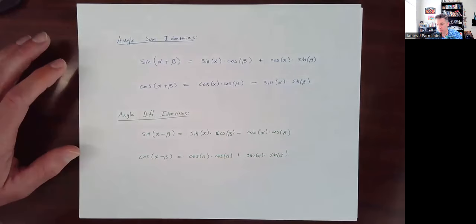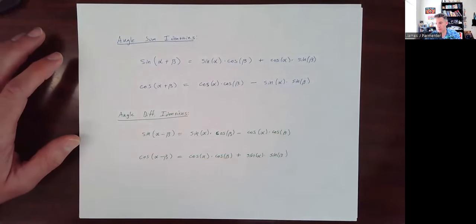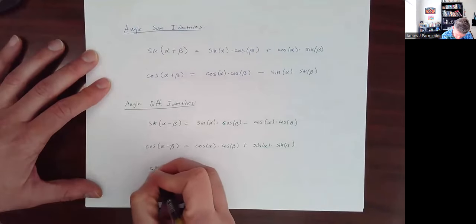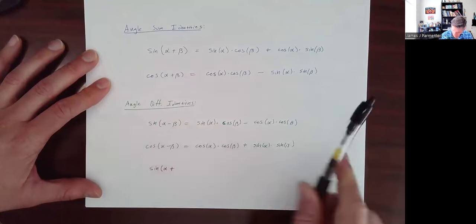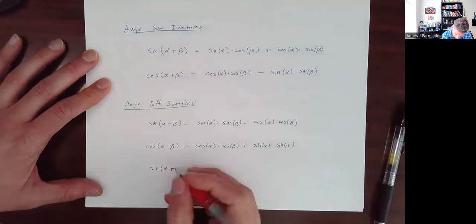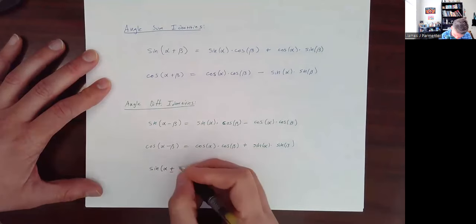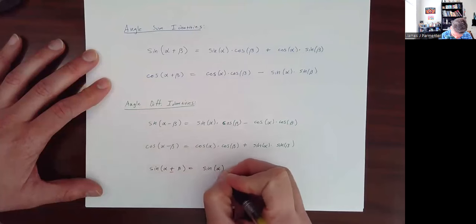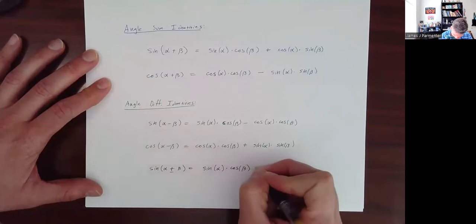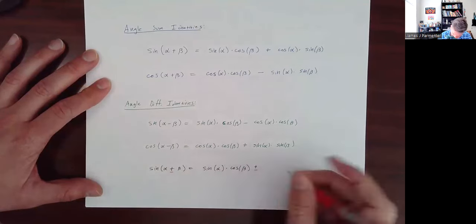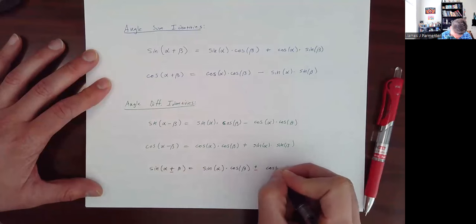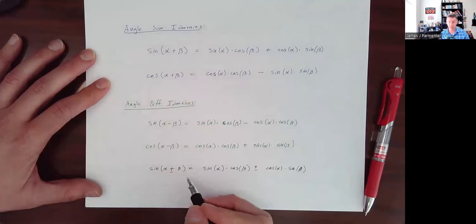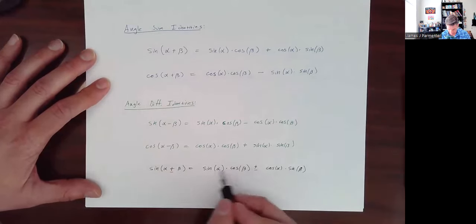Often when people write these in the most condensed way, we say that sine of alpha plus or minus beta is equal to sine of alpha times cosine of beta plus or minus cosine of alpha times sine of beta. In this formula the signs are the same: a plus here is a plus here, a minus here is a minus here.